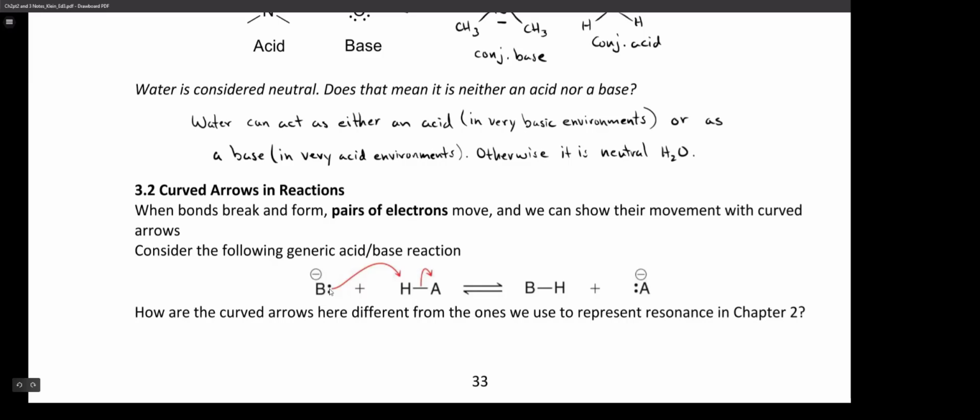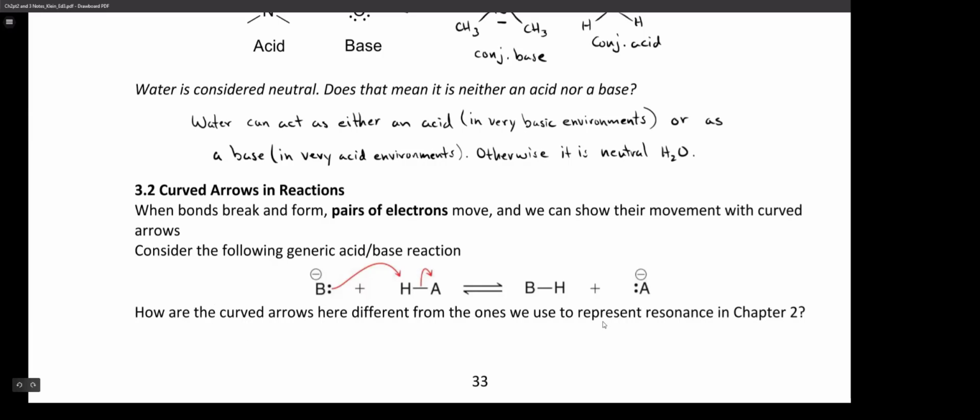A base, remember, accepts a proton, or instead of saying accepts, you could say steals. It is taking away a proton. An acid loses a proton. So this is the standard curved arrow pattern for an acid-base reaction.